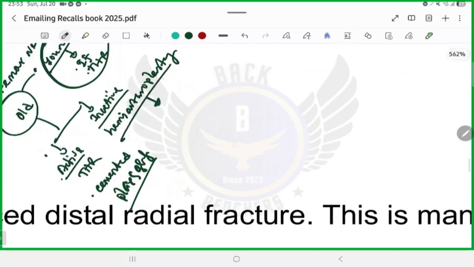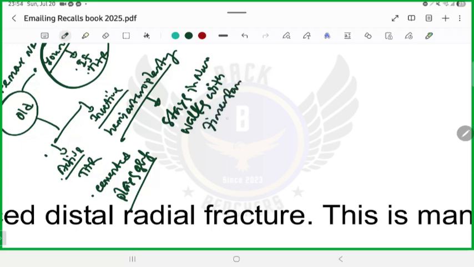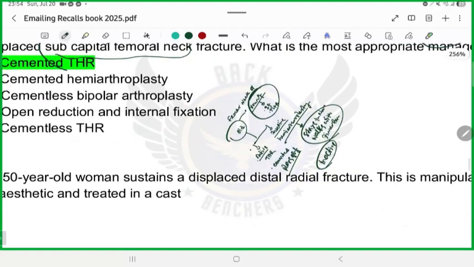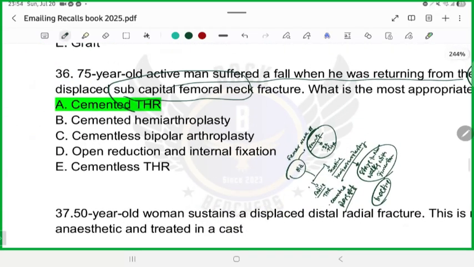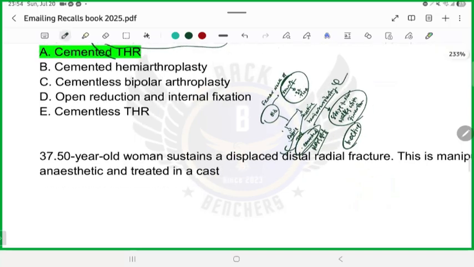And who is inactive stays in nursing home, walks with Zimmer frame. All these things are signs of inactive people. So what do you do? In case of inactive person, you do hemiarthroplasty always cemented. Or total hip replacement in active person always cemented.